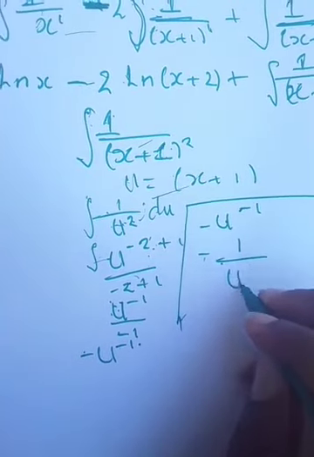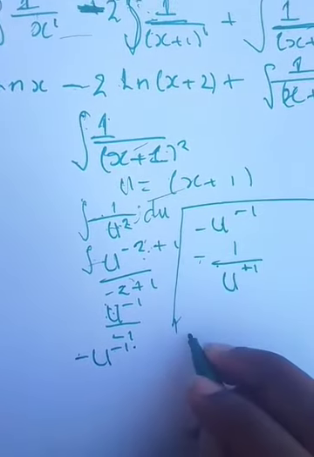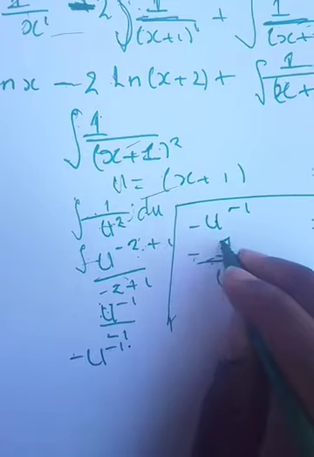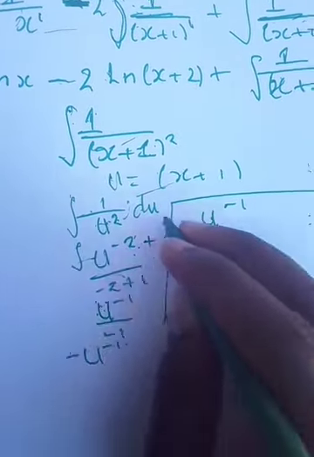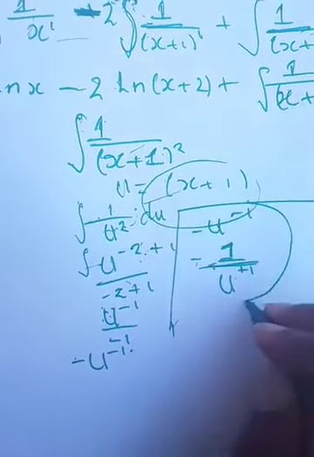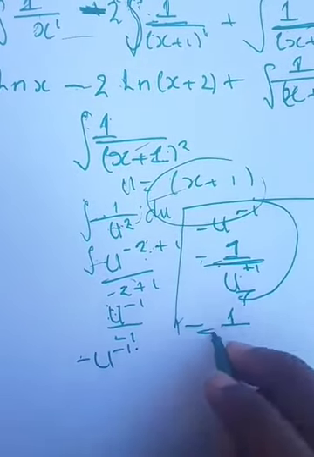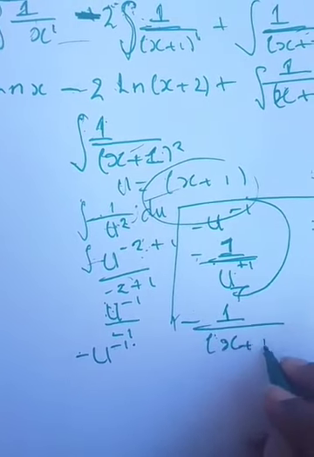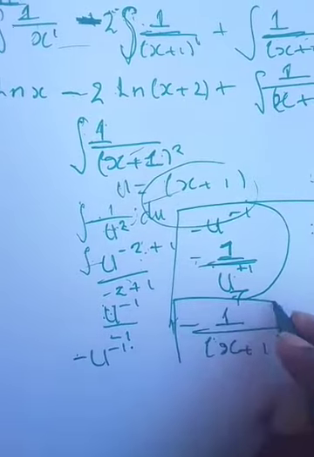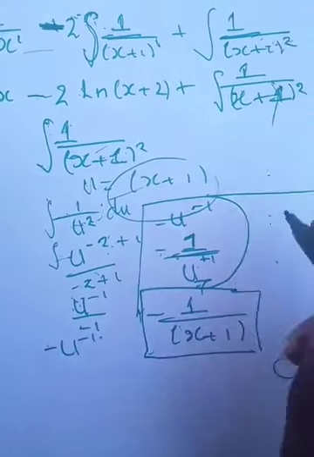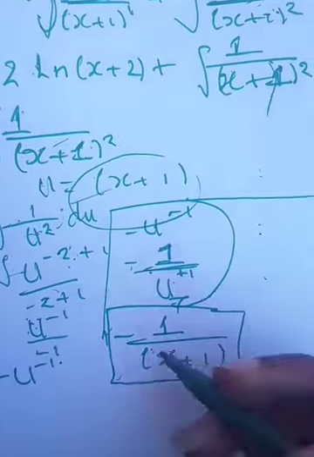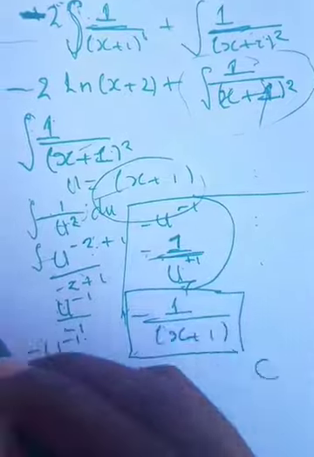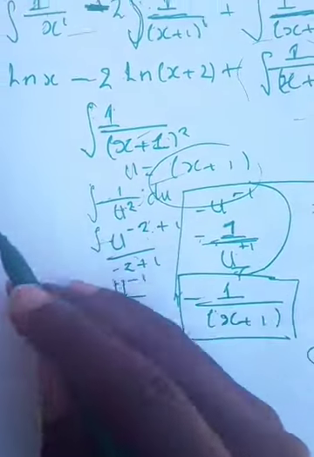So I have negative 1 over u, right? Now remember that u is equal to this, so I'm going to put it back where it is u. So it's going to be negative 1 over u. Now what is u? u is x plus 1. This is the integral for this one. So wherever I have this I'm going to put this. Okay, I hope you know now where it is coming from. So let me just start with the first thing that we wrote, which is this one here.